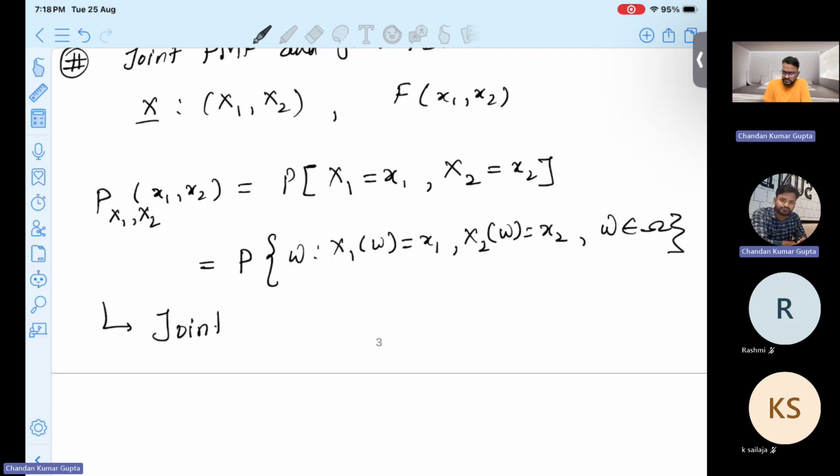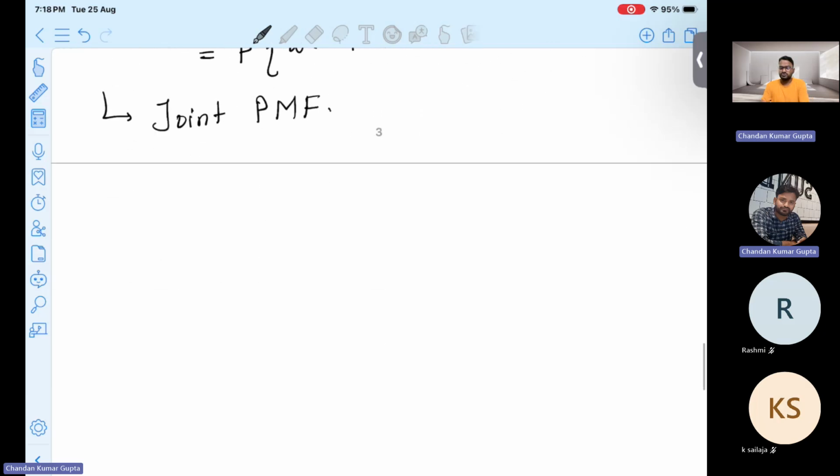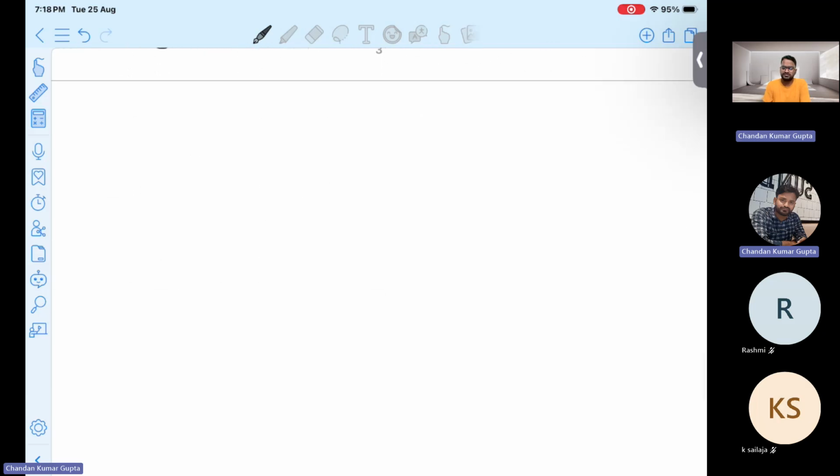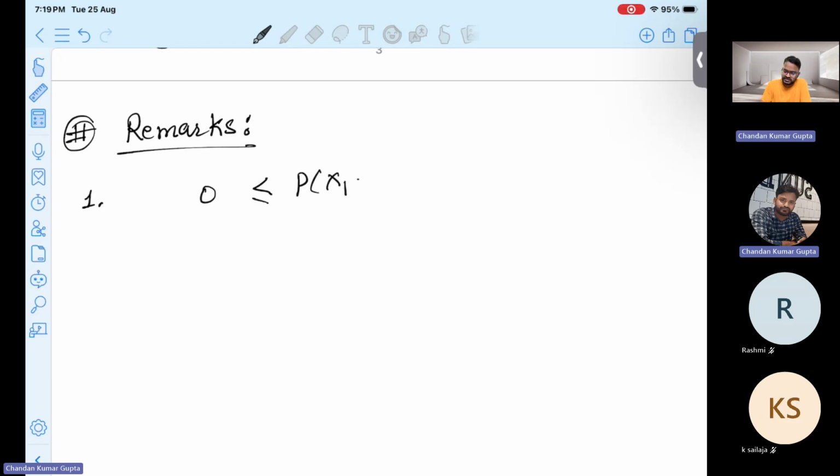This is our joint probability mass function. It also has some properties in the same manner. Let me write them in remarks form. The first is, obviously, since it is a probability mass function, it must lie within 0 to 1, including both. So the probability that X1 equals x1 and X2 equals x2 lies within 0 to 1.